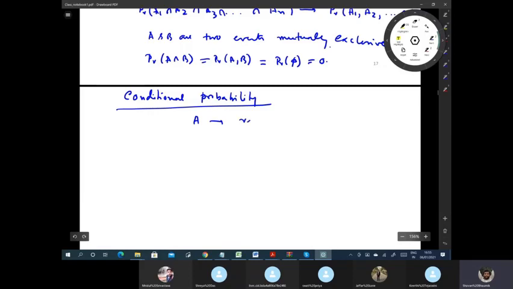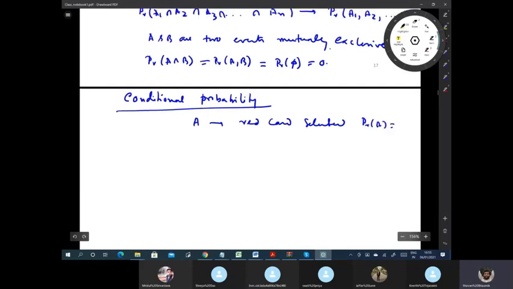Definitely the probability of event A will be half, because in 52 cards we have half red and half black. Then I am saying another event, the event C, which is a heart is selected.